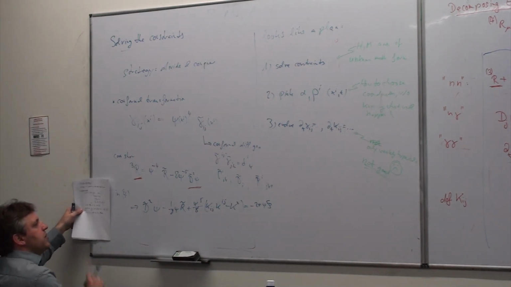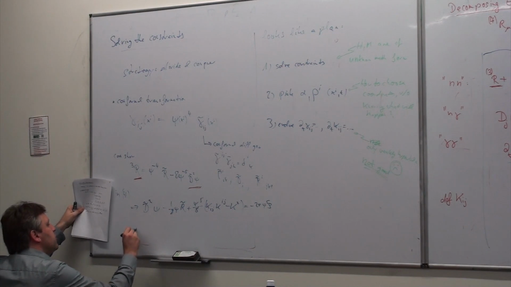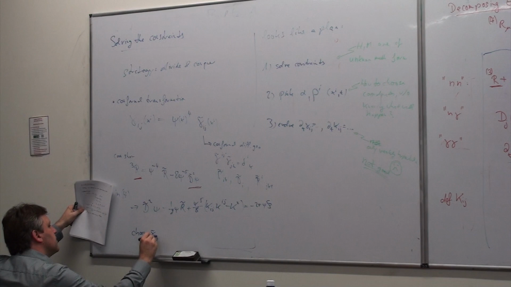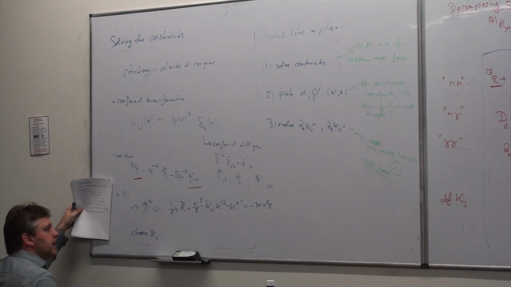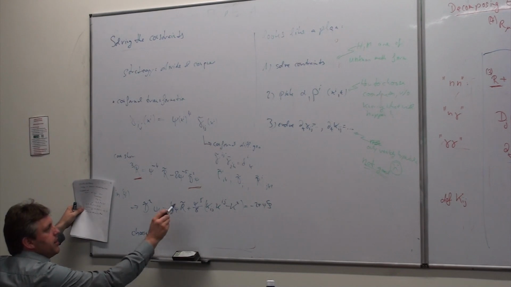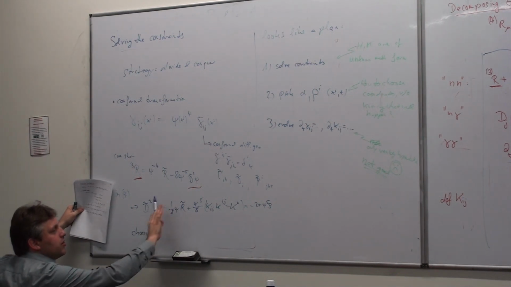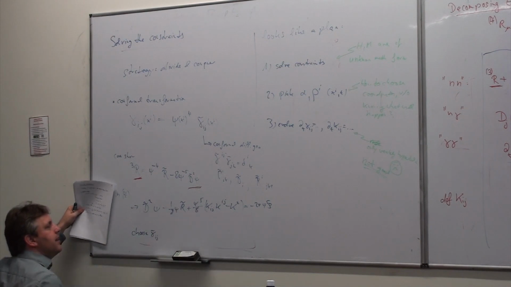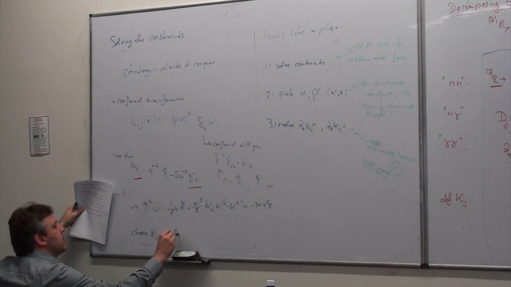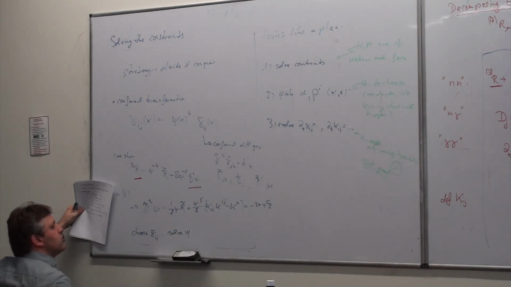So what we can now do is choose the conformal metric. Everything here, the conformal Ricci scalar, is known. So all the terms here are now fine. And we can then solve an elliptic equation for psi.